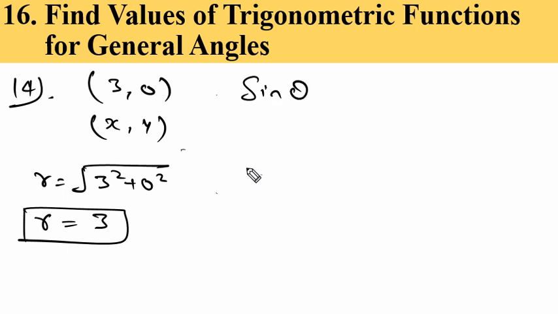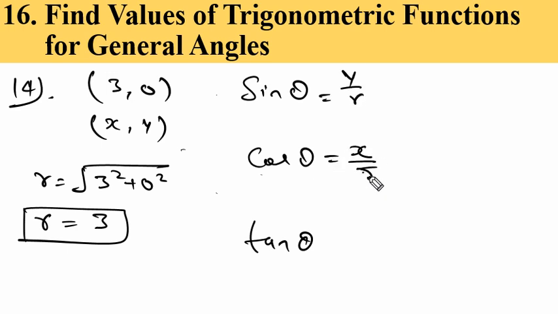Now sine theta, cos theta, tan theta are y over r, x over r, and y over x. Sine theta is 0 over 3, so 0. Cos theta is 3 over 3, so 1. And tan theta is 0 over 3, which is 0.